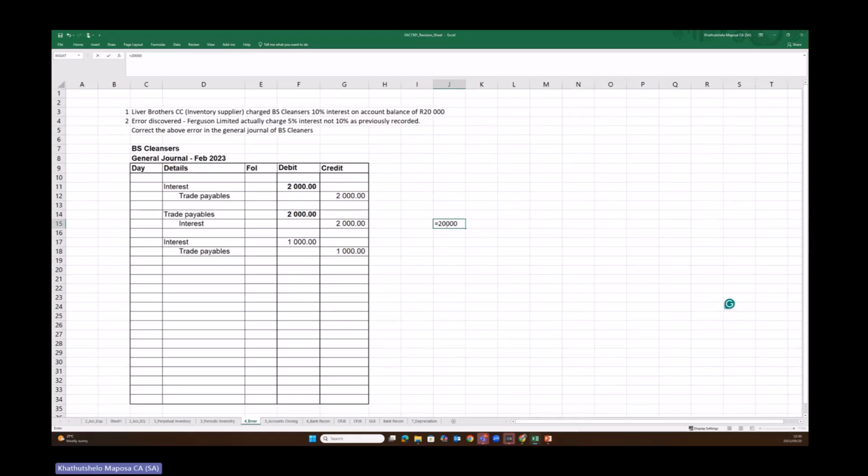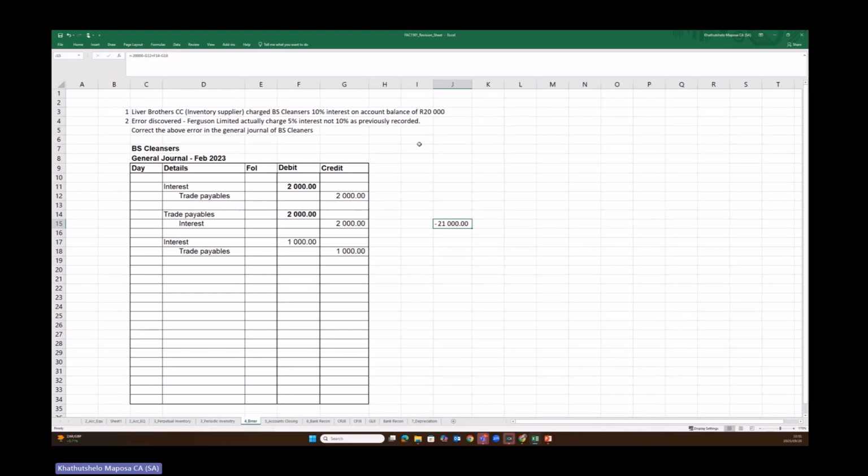We will be having that 20,000, which is a credit balance or a minus balance. Then the first journal, where you are crediting 2,000, it means minus 2,000. And then the second one, where you are adding 2,000, it means plus 2,000. The third one, where you are minusing 1,000, it will mean minus 1,000. Then your balance is 21,000. Can you see that mathematically? Yeah, your balance on the trade payables is 21,000, which is what you're trying to reason.